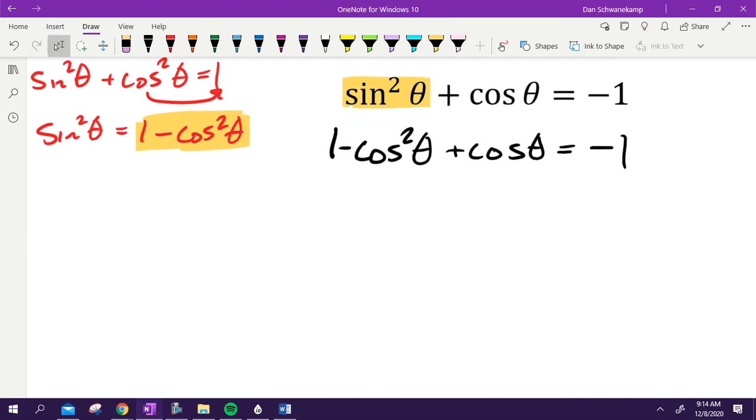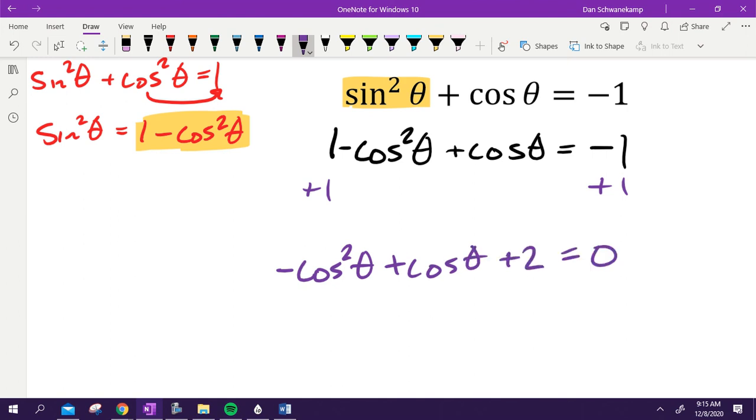So Lydia, what'd you do next? So we moved this over or the other thing over? Did you move this guy or this guy? Added one to both sides. Okay. So we added one to both sides. So I'm just going to rewrite it: negative cosine squared theta plus cosine theta, and then she added 1, so it's plus 2.